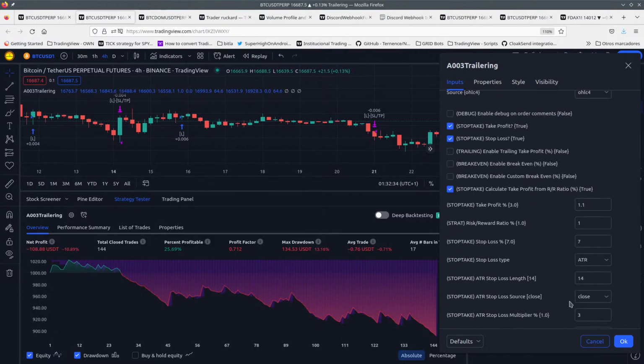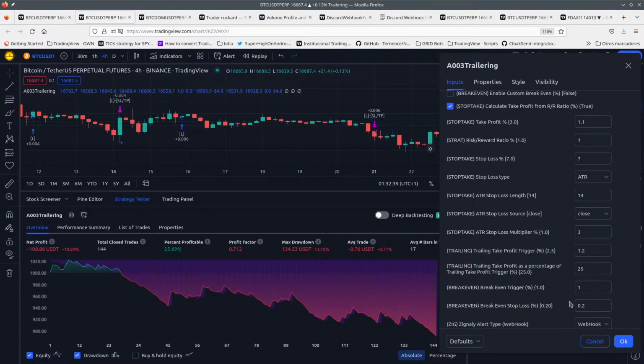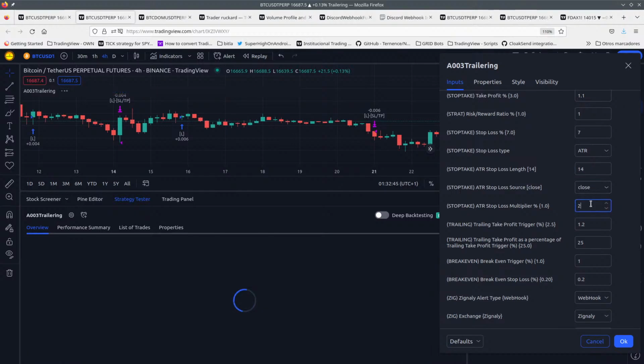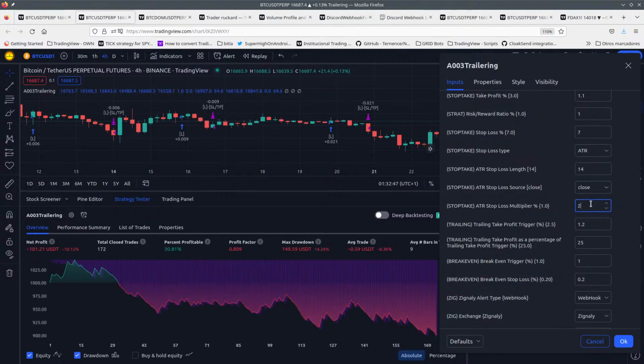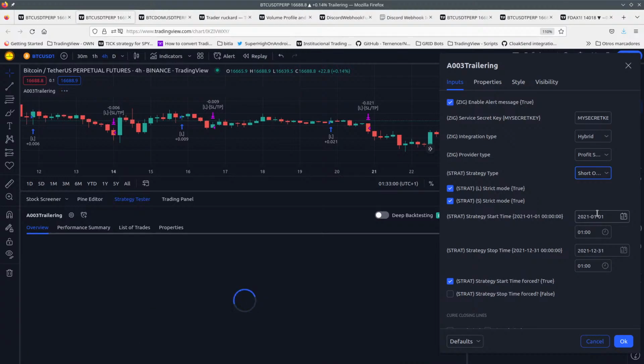Same thing. Yeah, I think the problem is that the ATR is never reached or something. So what about 2 ATR? Is it any better? Yeah. Short only.